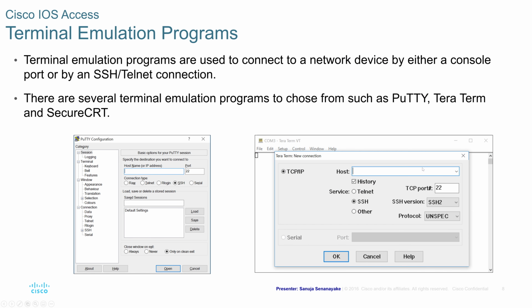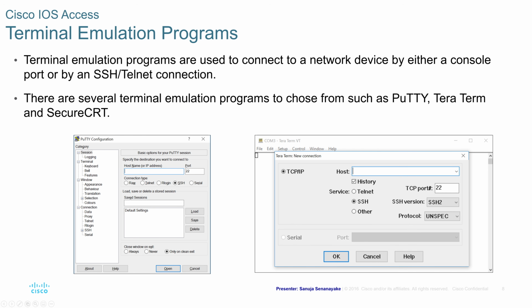The terminal emulation programs are programs that are used to connect to a network device by either a console port or by SSH or Telnet connection. There are several terminal emulation programs to choose from. As I mentioned before, there is PuTTY, and the other ones are Tera Term and SecureCRT, and a bunch of other programs.